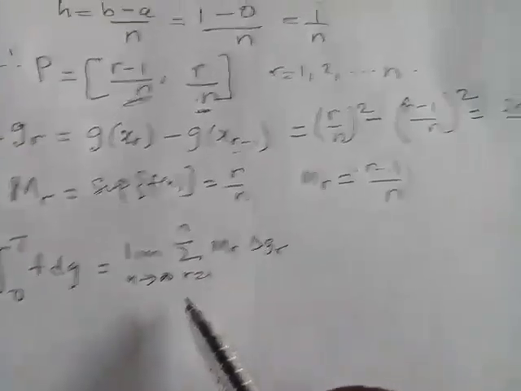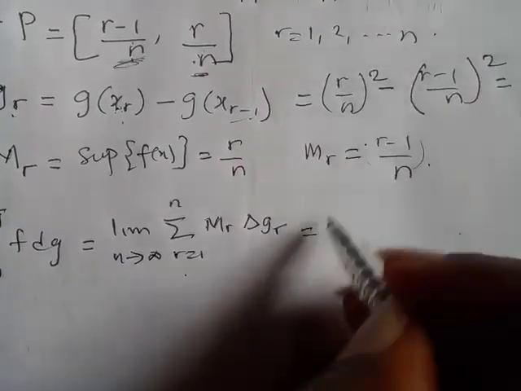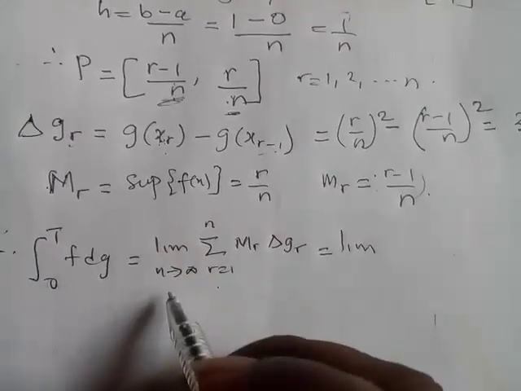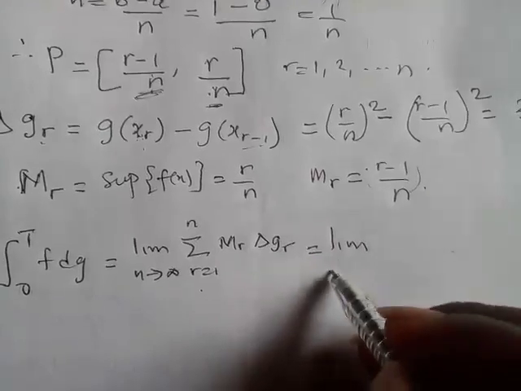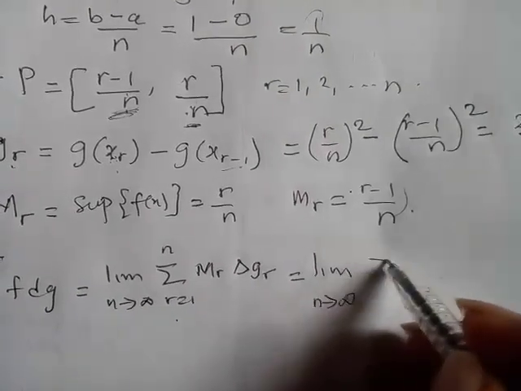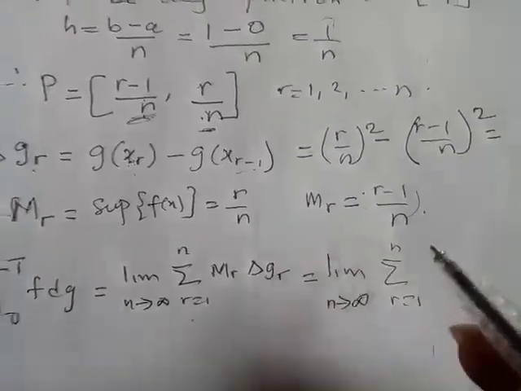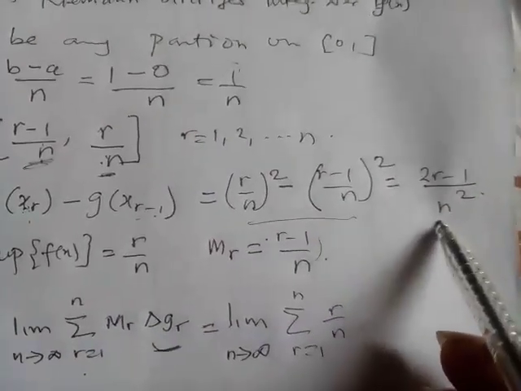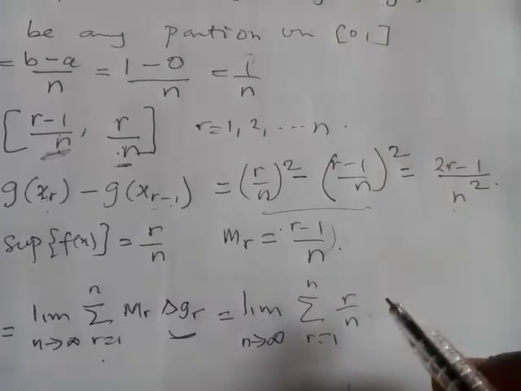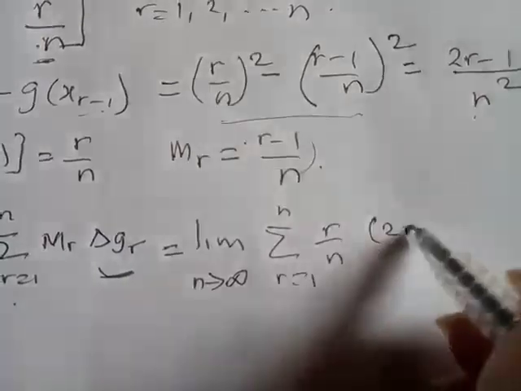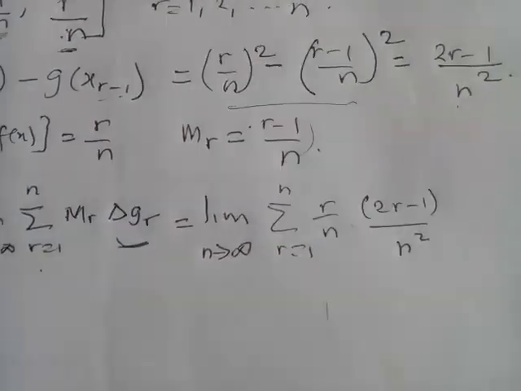We have given it before in the definition, but remember we put infimum there, but we have proven all this in our Riemann integral to be the limit as n tends to infinity of the summation, r runs from 1 to n, of the big M_r, which is r over n, times Δg, which is the same thing as (2r minus 1) over n squared.